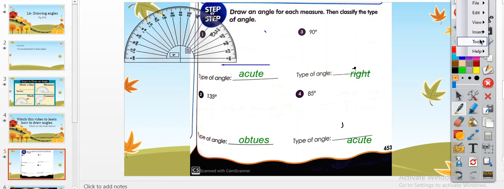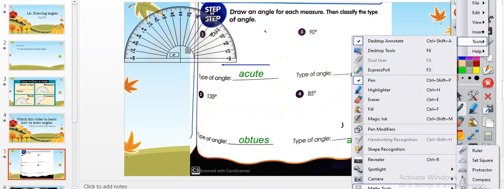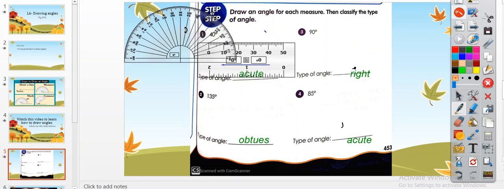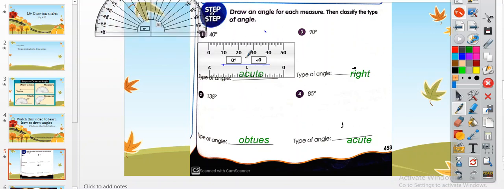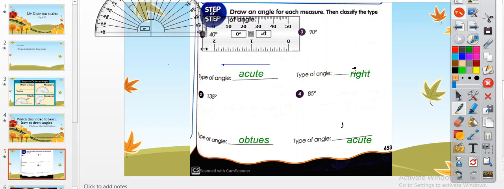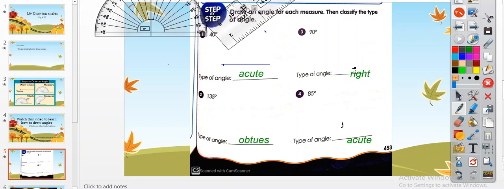And bring the ruler. I am not able to draw a straight line without the ruler, but you can use the straight side of your protractor. Come on, Mrs. Ruler. Here I am. Then place the ruler in a way that you will be able to draw a line like this.